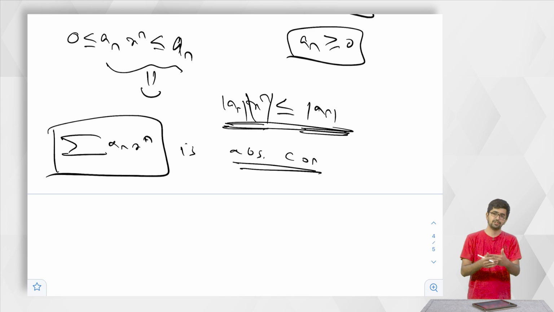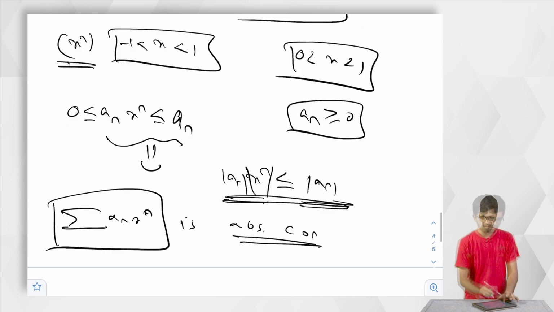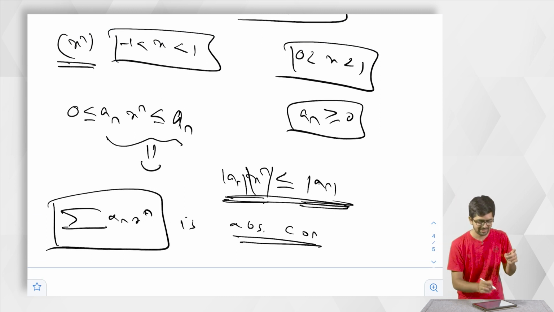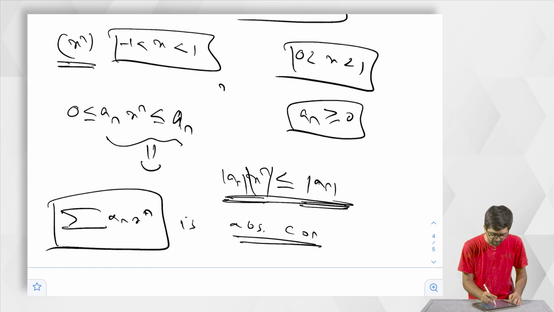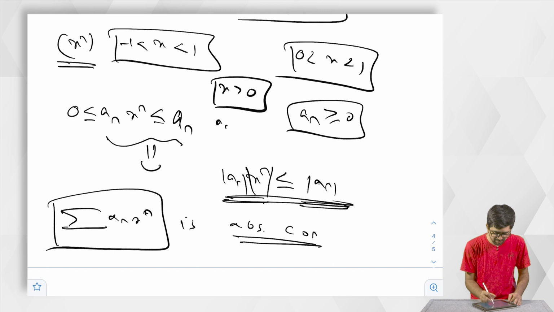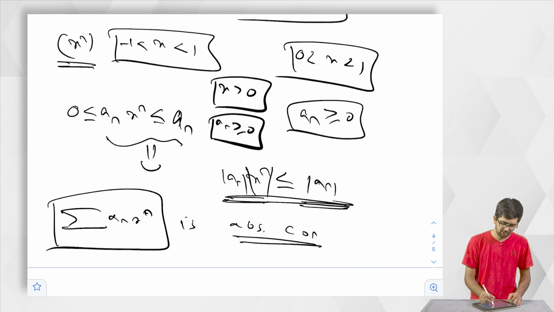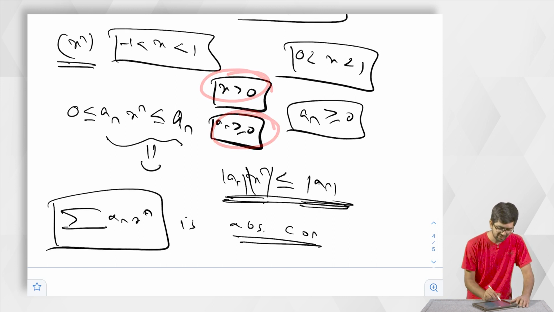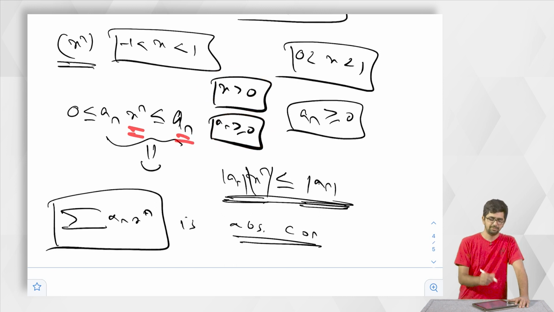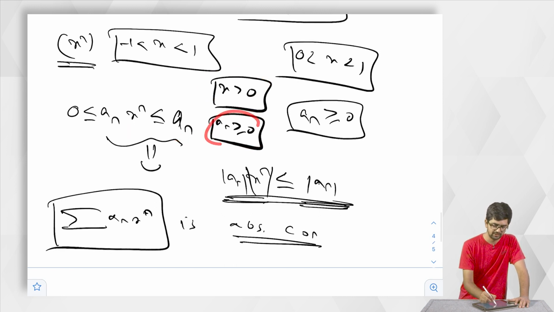Now one can make it much better. Previously we were assuming two things. First that x is positive and an is non-negative. Then we have x power n less than or equal to 1, because x is positive. And since an is non-negative, we multiplied both sides by an.